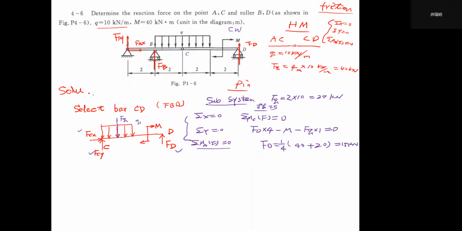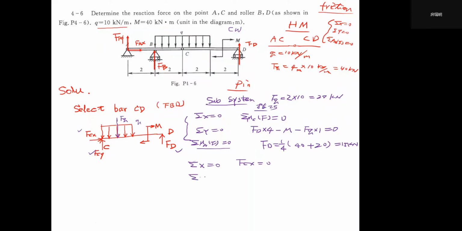We just use this to find FD, because it requires us to find the reactions at A, C, B, D. So we can use the other two equations to find FCX and FCY. Using sigma x equals 0, it is very easy: FCX equals 0, because there are no other forces along the horizontal line.